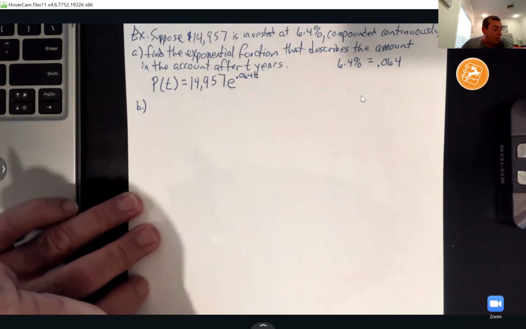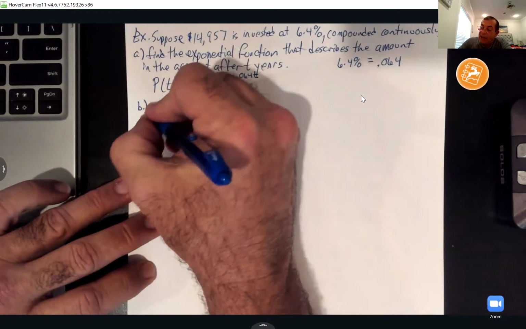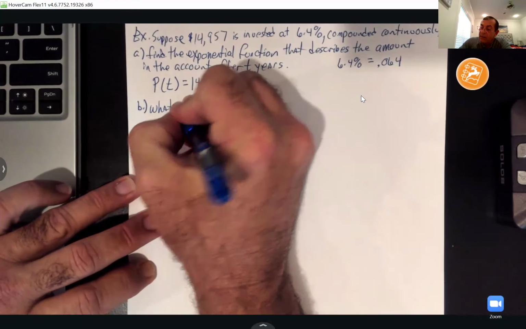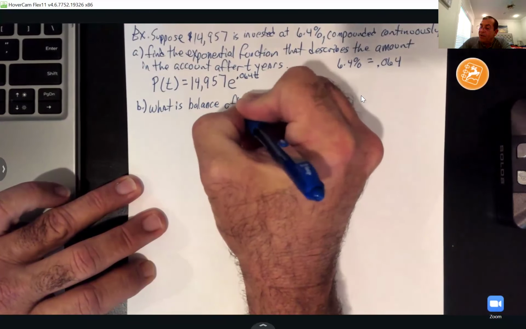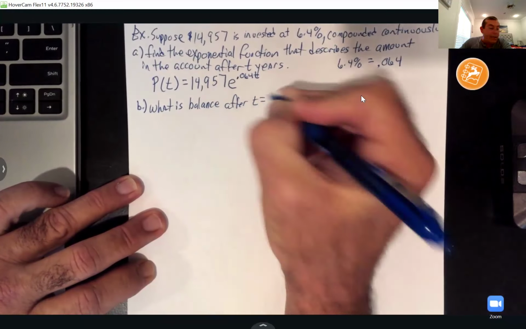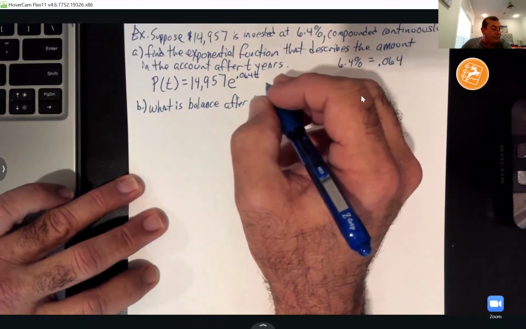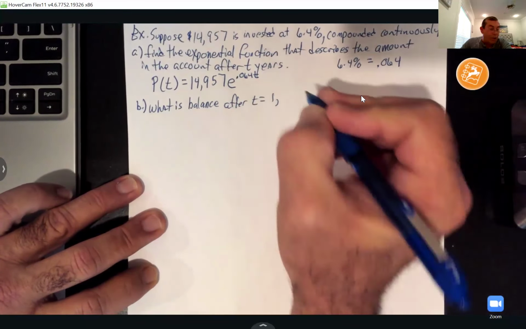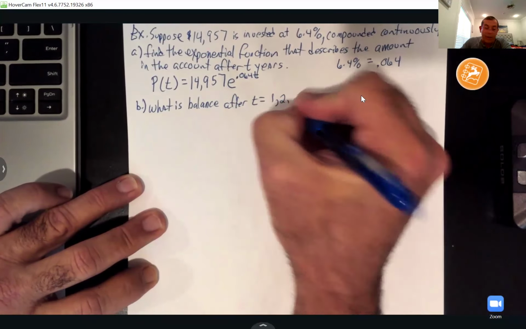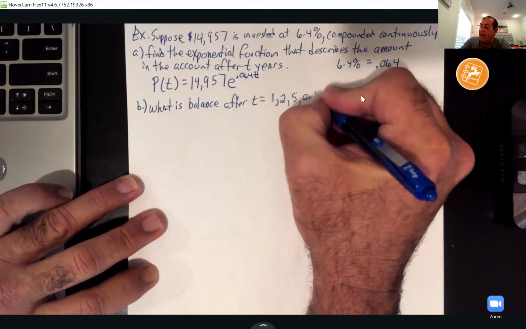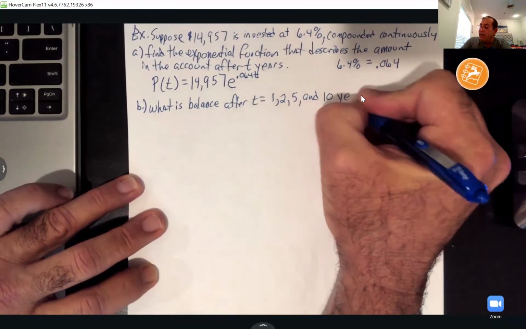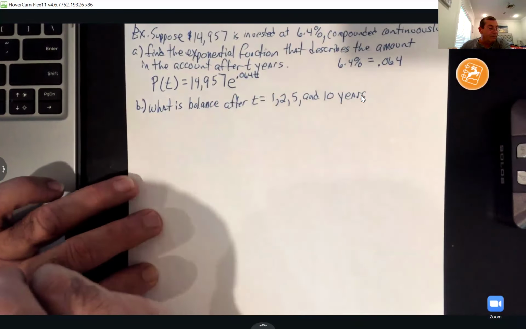Now B, they want to know, what is the balance after t equals 1 year, 2 years, 5 years, and 10 years.